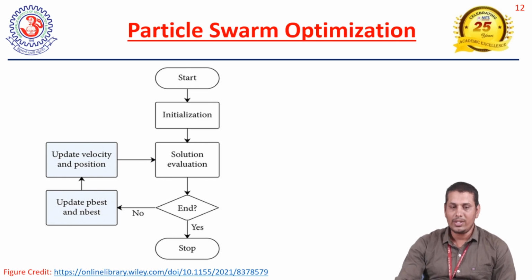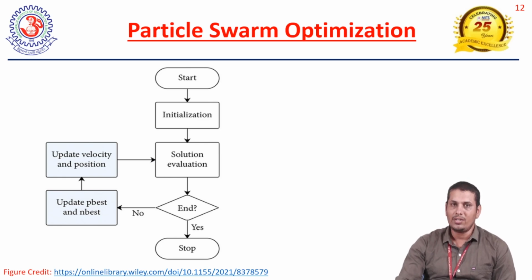So in solution evaluation, if the solution I obtained is considered the best one and satisfies you, then you can stop the process and give that as the best or optimal solution from n number of feasible solutions. In case that particular solution is not the optimal or best one, once again we have to update the p best, which is nothing but the probability based, and the n best.